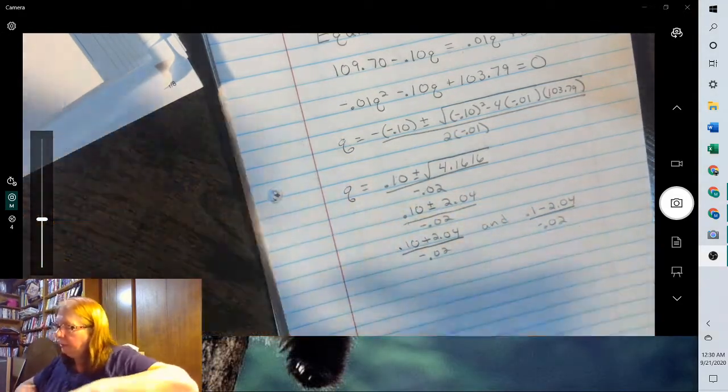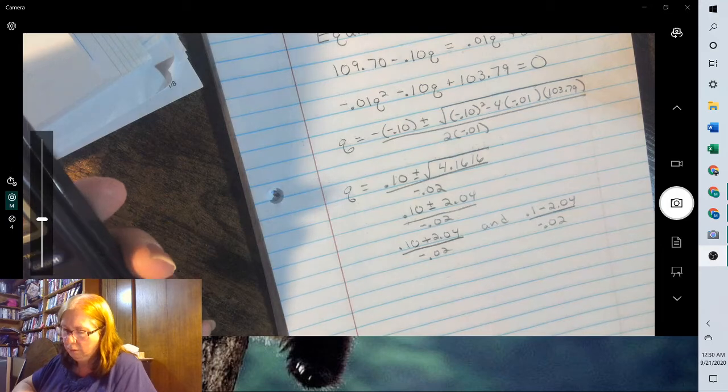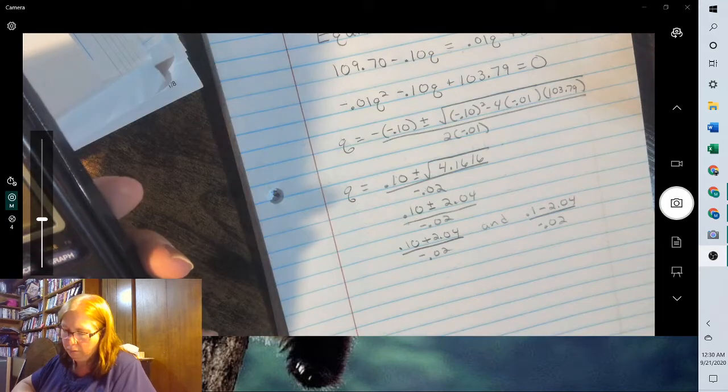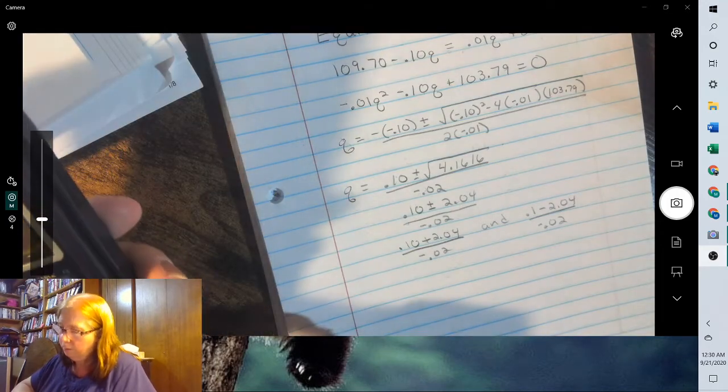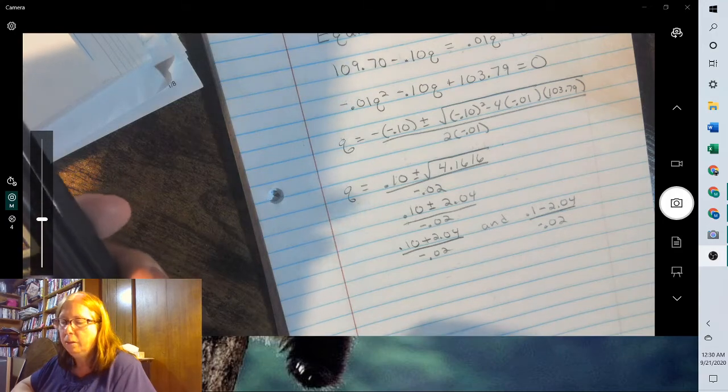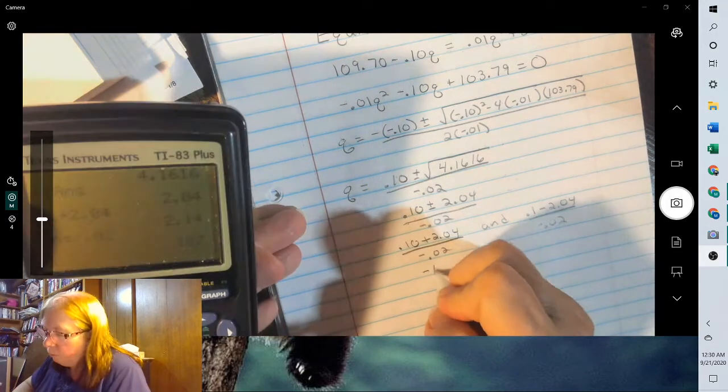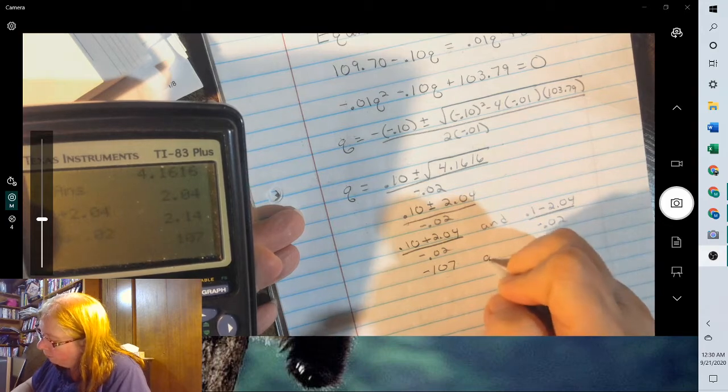Now when we calculate these, this one we get a negative 107.